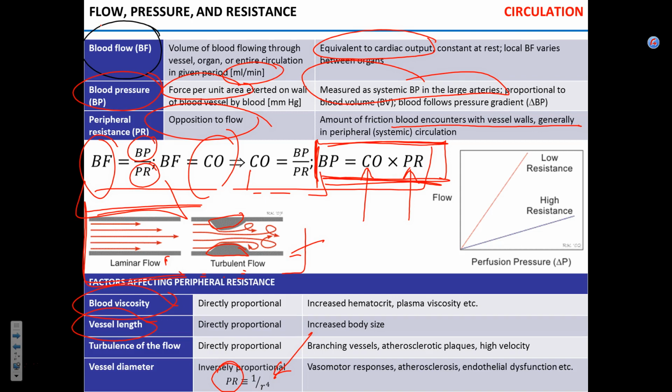Okay? You go from 20 to 10. You decrease the radius of the vessel from 20 to 10. So what's the decrease fold-wise? It's twofold, right? Turns out that the peripheral resistance will increase 2 to the power of 4, 16-fold.